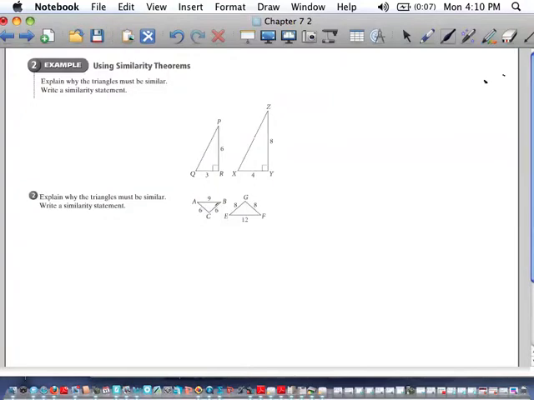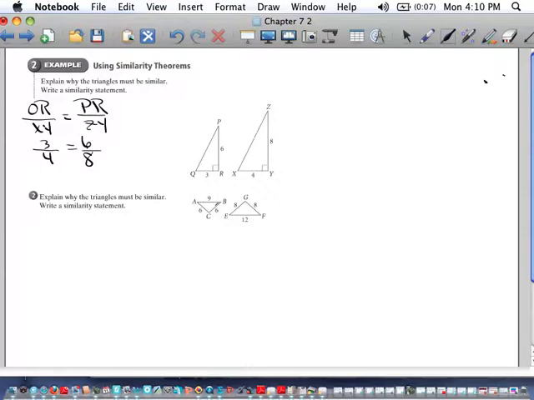So in this example, using similarity theorems, explain why the triangles must be similar and write the similarity statement. Okay, so we have QR is to XY as PR is to ZY. So 3 is to 4 as 6 is to 8.